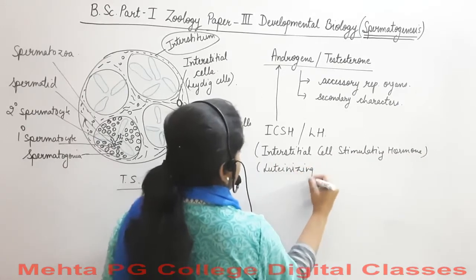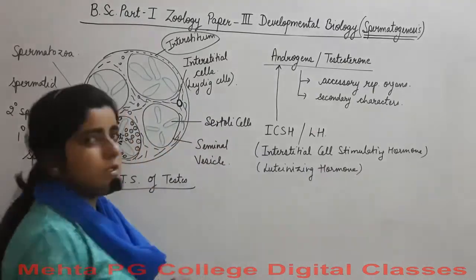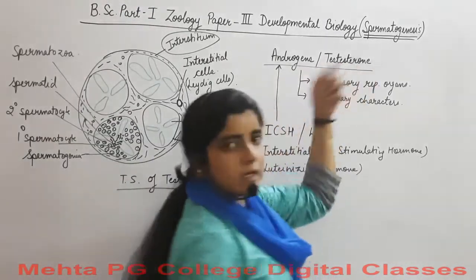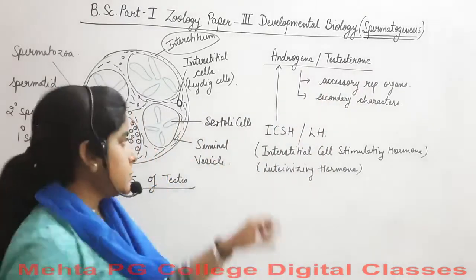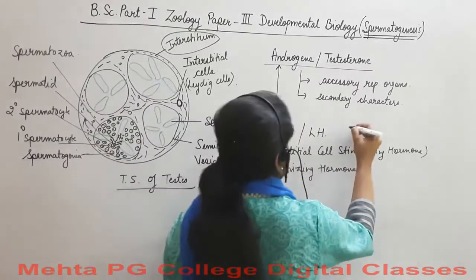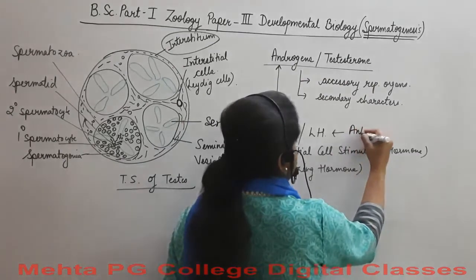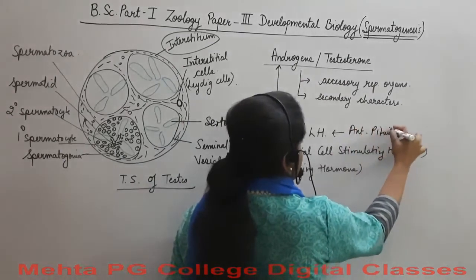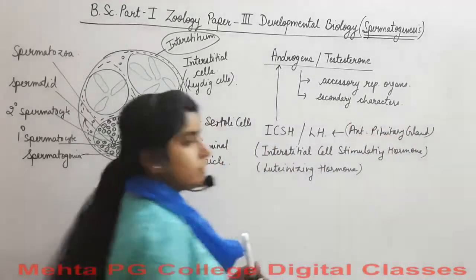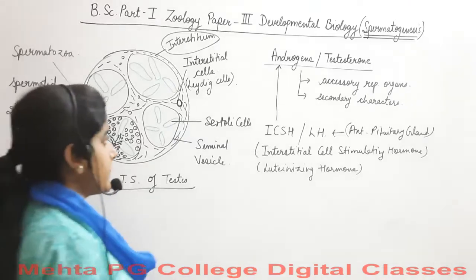Luteinizing hormone. Both these hormones combine together to help secrete androgens and testosterone in males. And what is responsible behind their secretion is the anterior pituitary gland, which we call the master gland. So the anterior pituitary is responsible for their secretion.